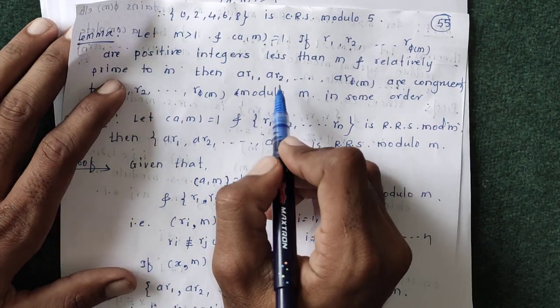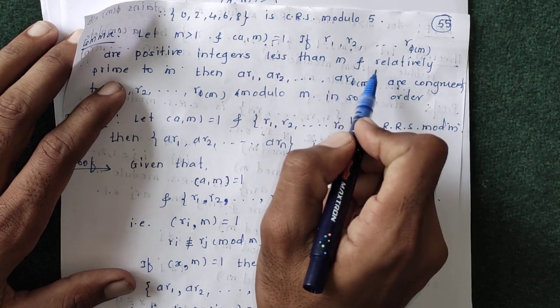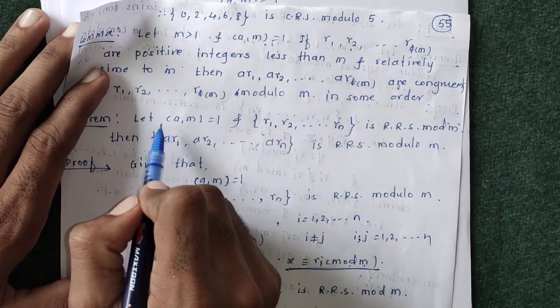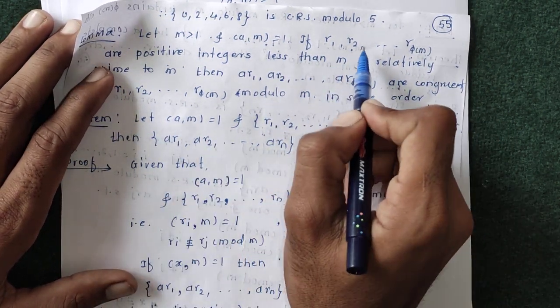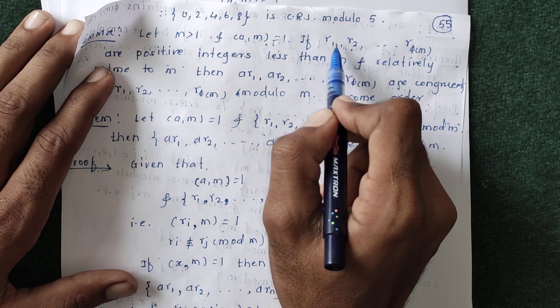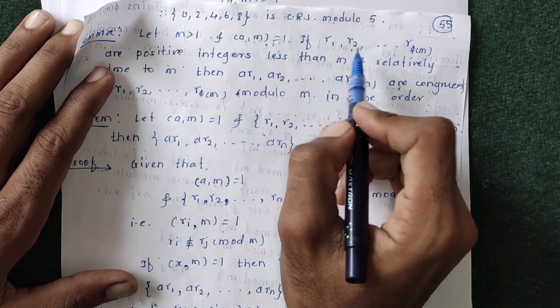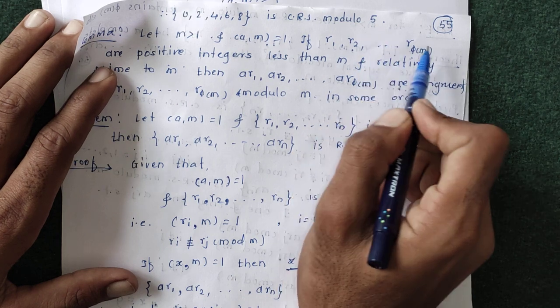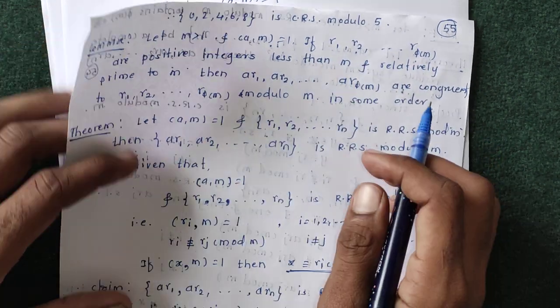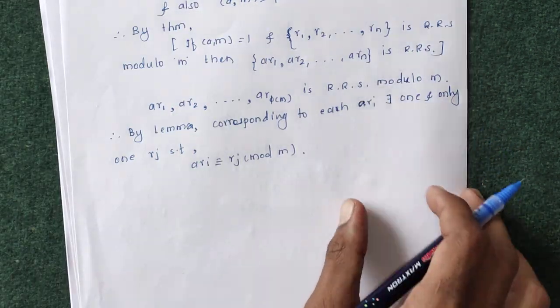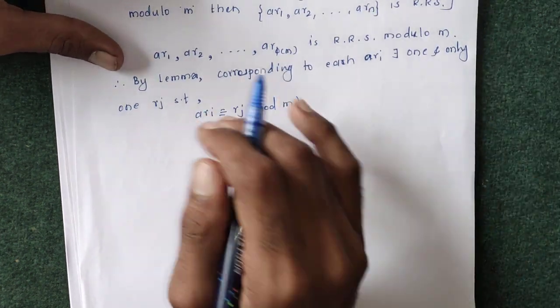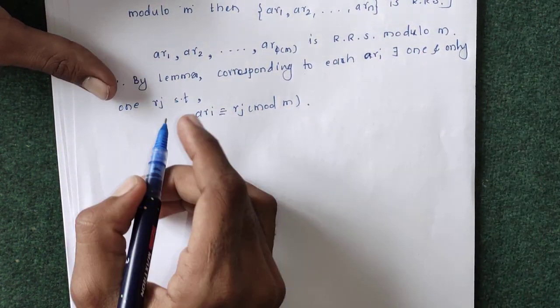But we know that if this is a reduced residue system, then for another reduced residue system, there exists one and only one Rj. If there exists another Rk, then those two Rj's must be congruent to each other, which gives a contradiction. That is, we are going to show that this Rj is one and only one.